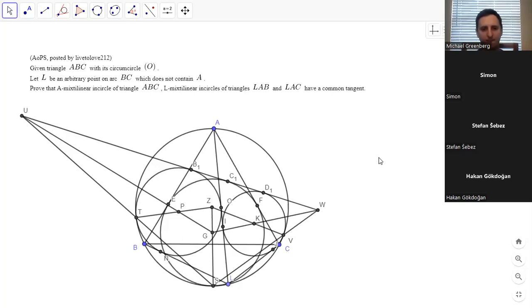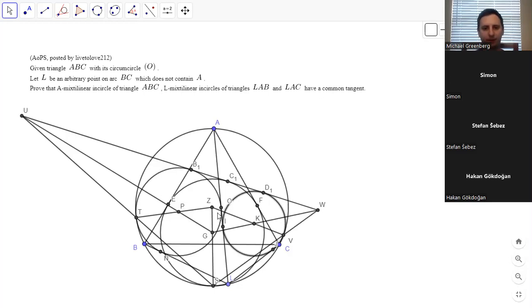But these two circles do. Yeah, that's kind of interesting.